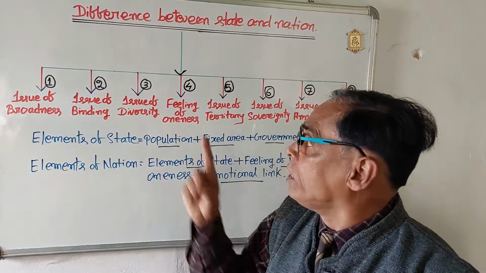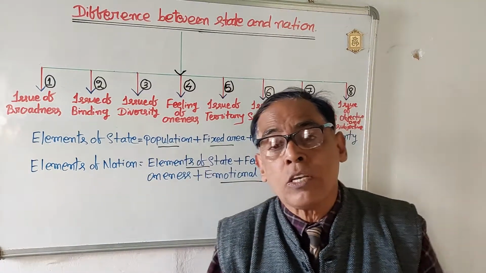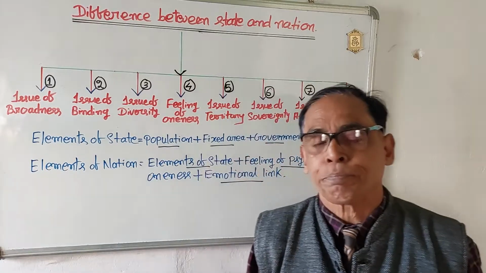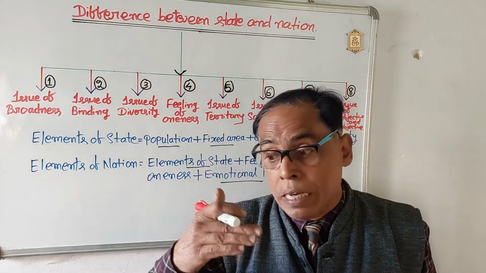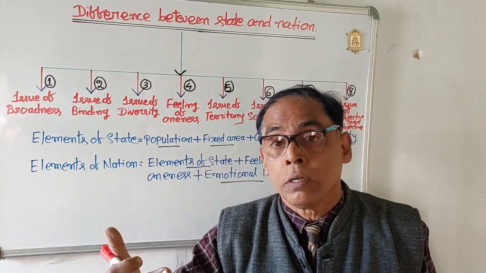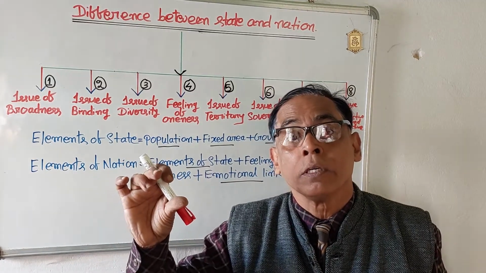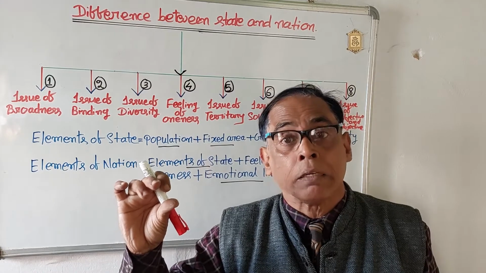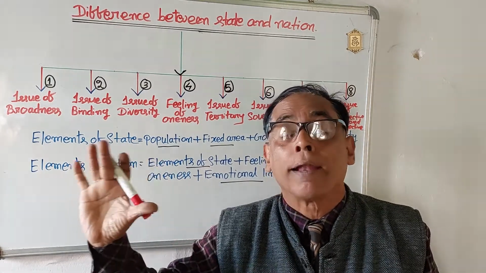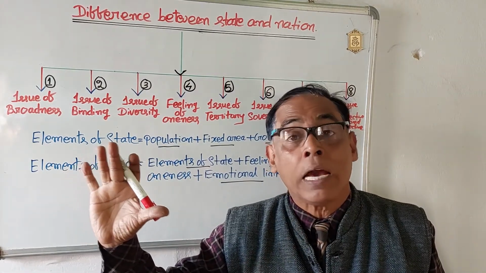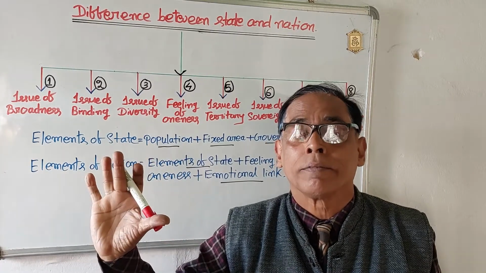The fourth difference between state and nation is on the feeling of oneness. It means a nation is formed on the issue of feeling of oneness. People in a nation feel that they are one. They are not different from one another.